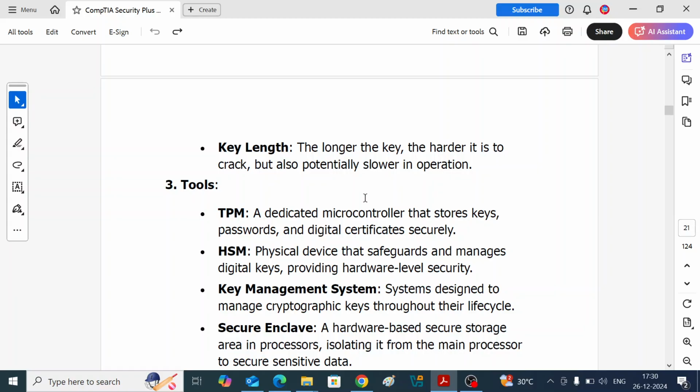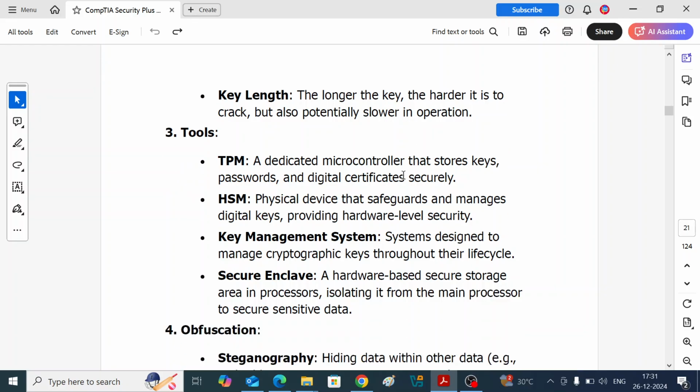If the password is longer, it takes someone else a lot of time to crack it, and probably it's impossible at times. But if it's shorter, there is a possibility that someone would easily crack it. So the longer the key is, the harder it is to crack, but also potentially slower in operations.